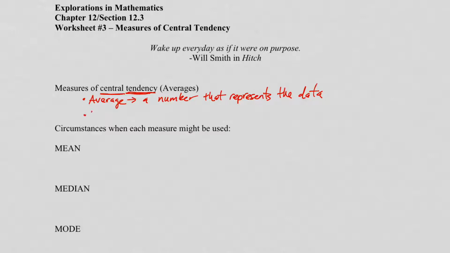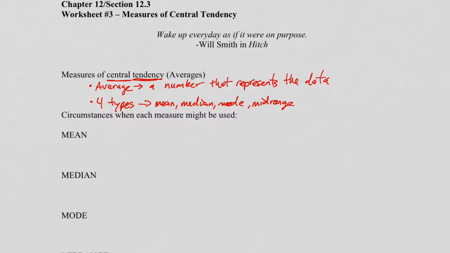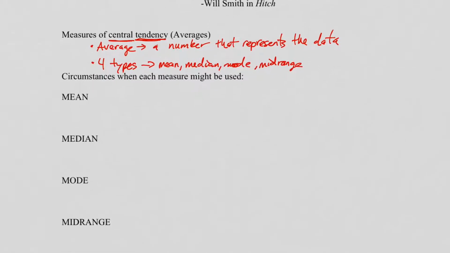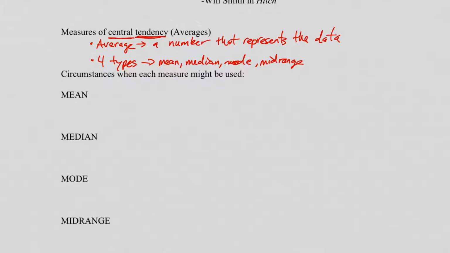So we have 4 types that we're going to look at. You can see them below. There are a few more, but we're going to just look at mean, median, mode, and mid-range. Each of these is calculated differently, and they can get different results for the same set of data.